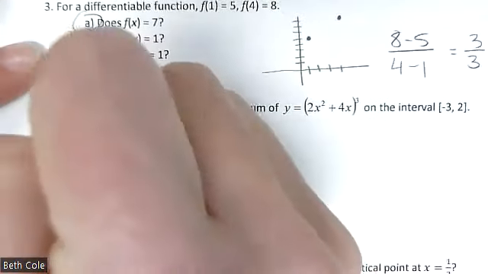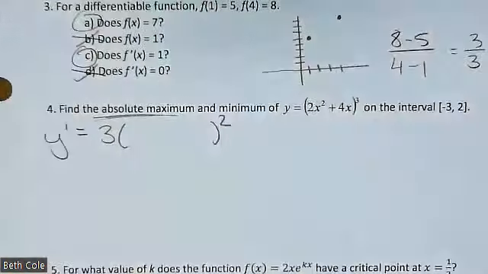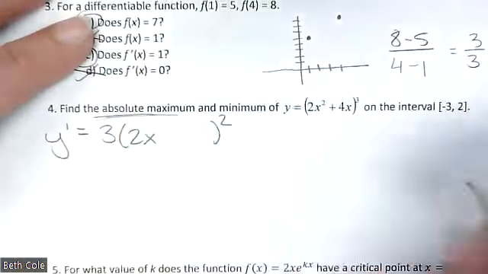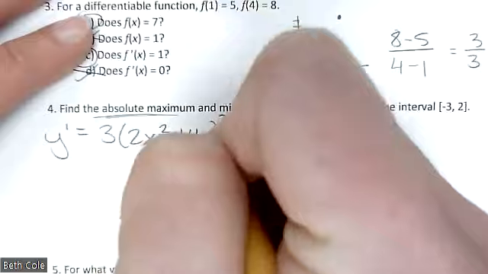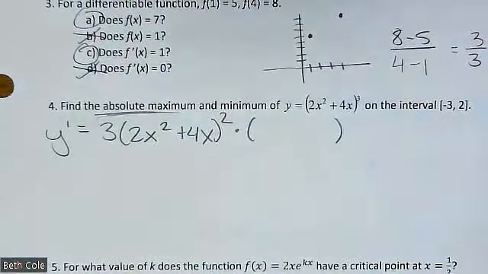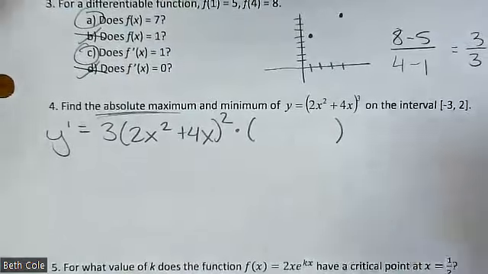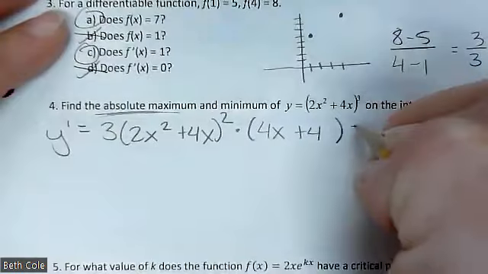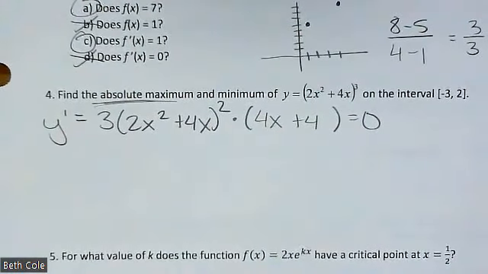Good. You're going to bring the 3 down. It'll drop to a 2. That's your power rule. The guts of it is going to stay the same. And then you chain on the derivative of that stuff. So that would be 4x plus 4. And we're going to set it equal to 0 for critical points.